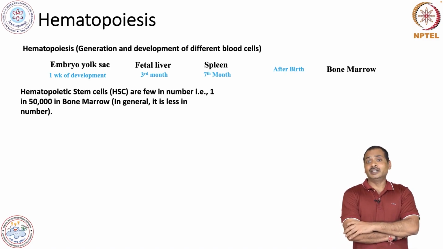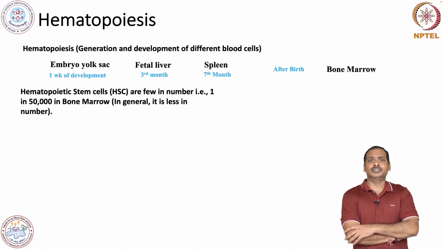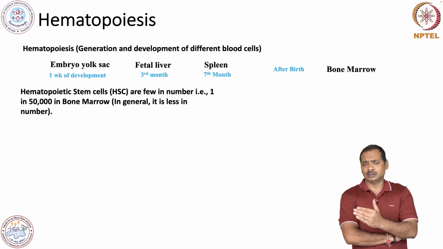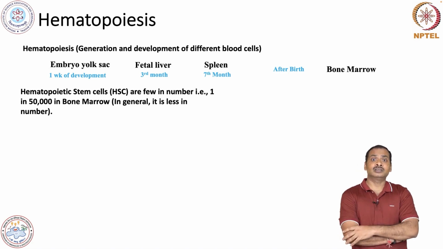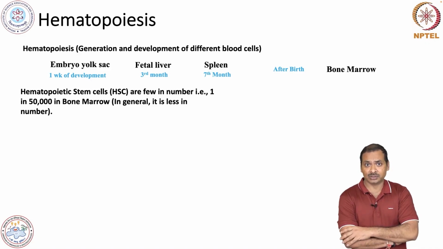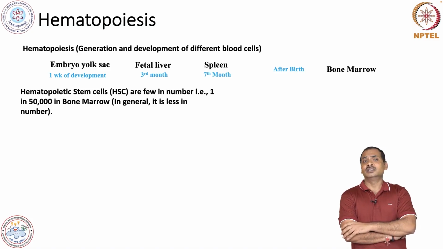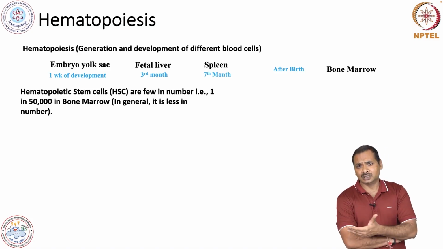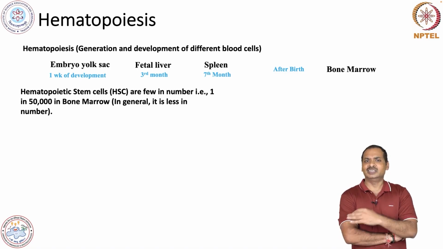Okay. And it is very interesting that in adult humans, the hematopoietic stem cell resides in the bone marrow, and there is only one cell in 50,000 bone marrow cells. These cells are generally in very small number, and this number keeps changing depending on the need.